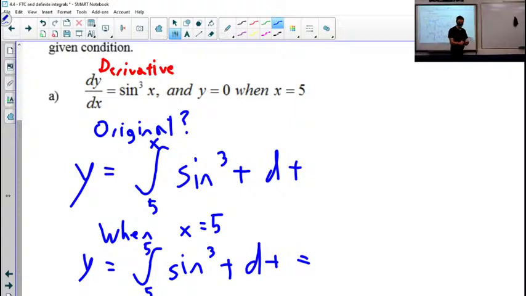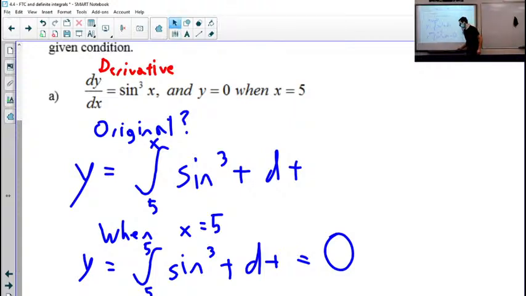How much area is between 5 and 5? 0. None. So the integral from 5 to 5 of who cares? The answer is now 0. Questions on that one?